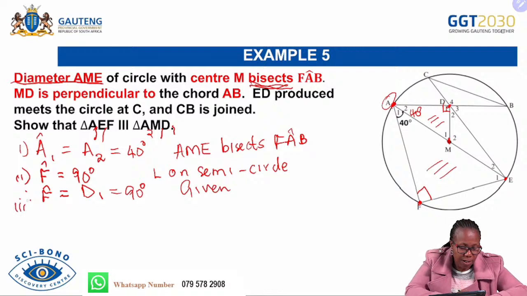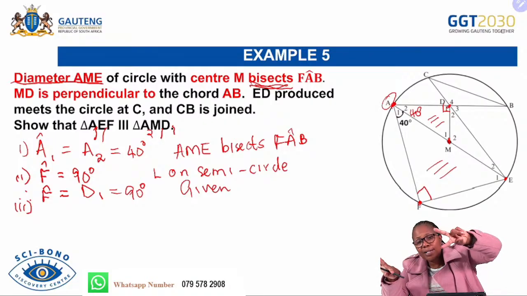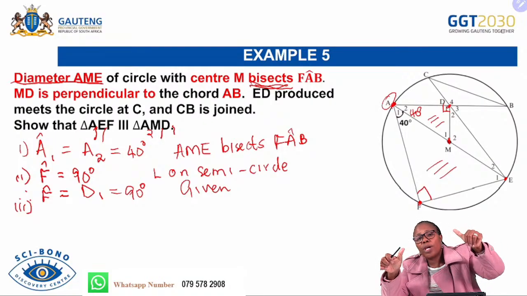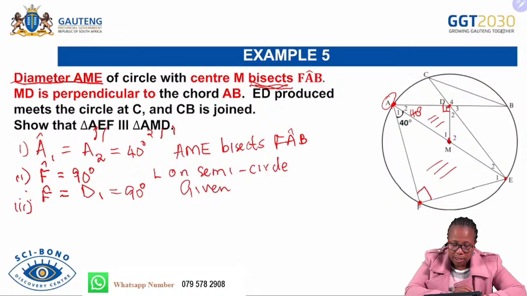And then remember, grade 12, I said earlier on, if you have two triangles and two angles are automatically equal, you can conclude that the third angle is also equal. Okay, therefore we will conclude what? The one that we skipped earlier because we didn't have a specific reason for equalizing: angle E1 is therefore equal to angle M1 because of the sum of angles of a triangle.